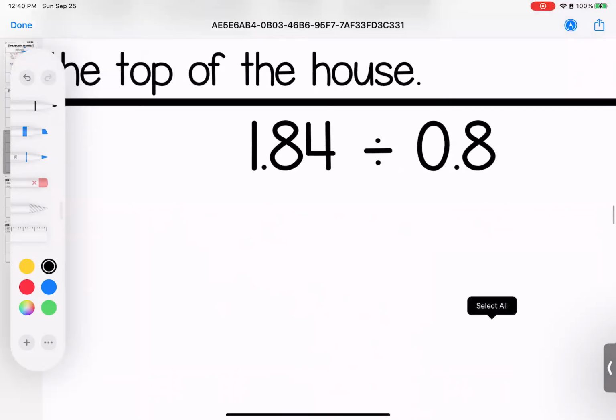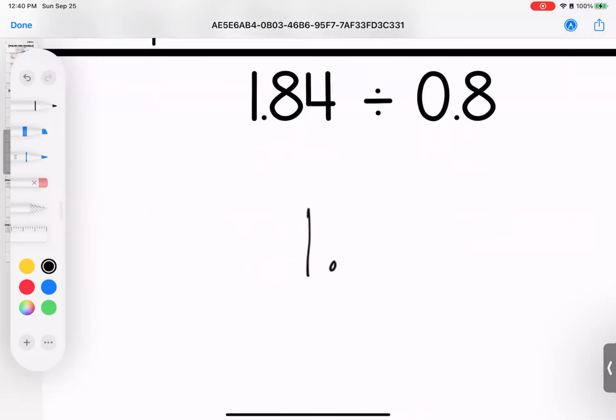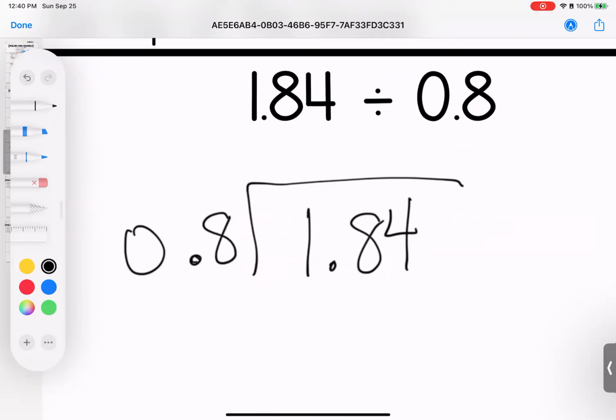Moving over to our next one. We have 1 and 84 hundredths inside with 8 tenths outside. If we move this one space to get it to the end, we move this one space as well. Then it goes up top, okay? So what I'm working with now is this, right?